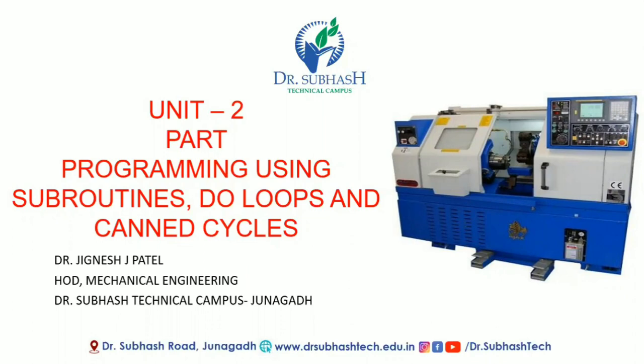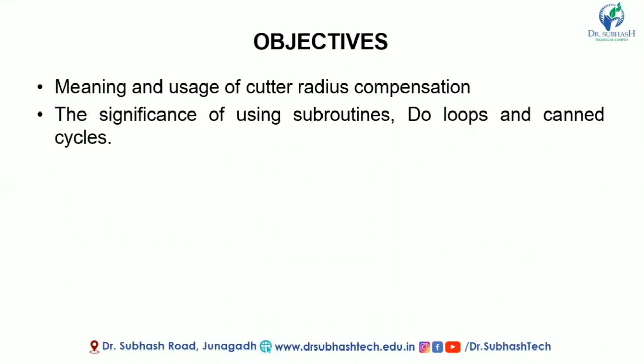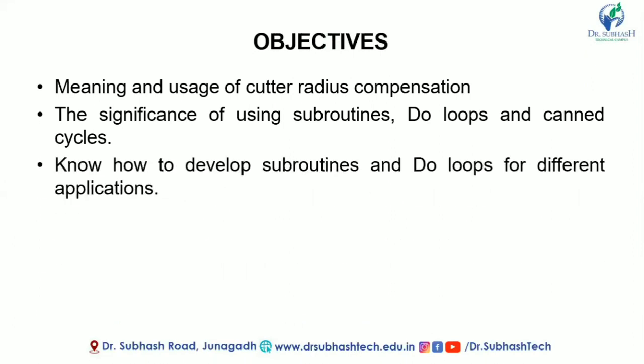So in this lecture, we will learn about part programming using subroutines, do loops, and canned cycles. Now, the objectives of these lectures: meaning and uses of cutter radius compensation, the significance of using subroutines, do loops, and canned cycles, and knowing how to develop subroutines and do loops for different applications. Now, cutter radius compensation.